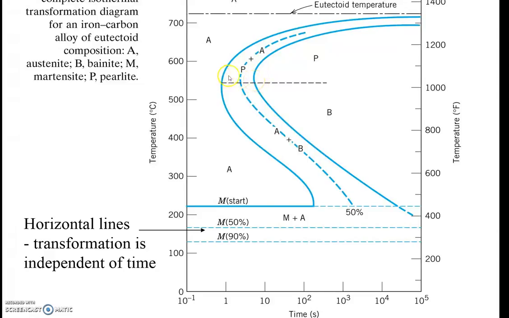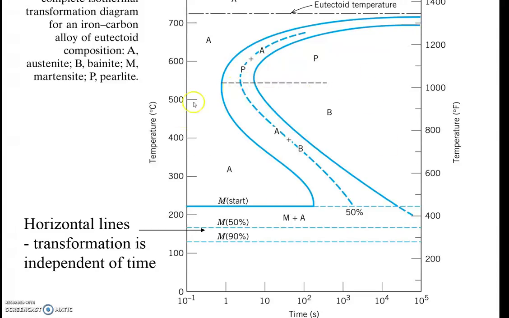Remember, the transformation is always comprised of two phenomena, nucleation and grain growth. Grain growth is diffusion driven, but nucleation is based on temperature. At the higher temperatures you don't get as quick nucleation as at lower temperatures, so the transformation rate is slower at the higher temperature.